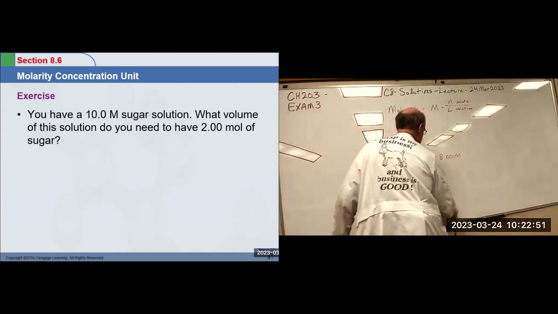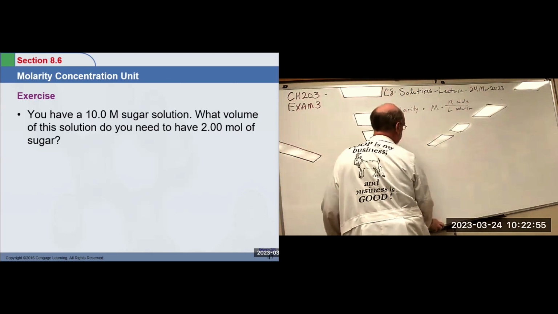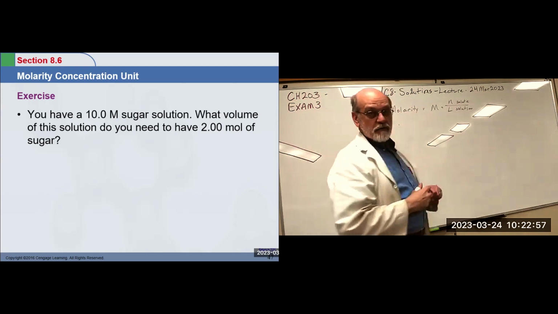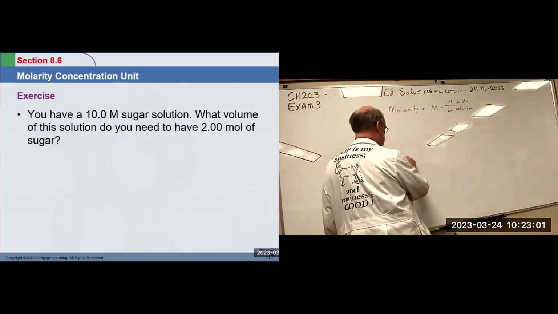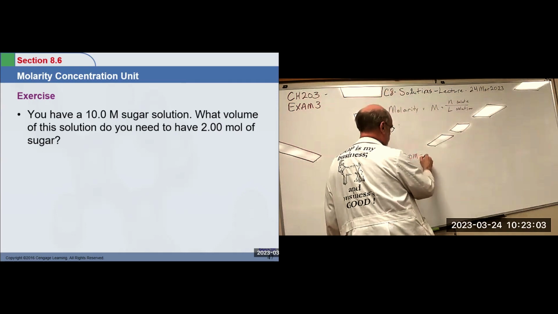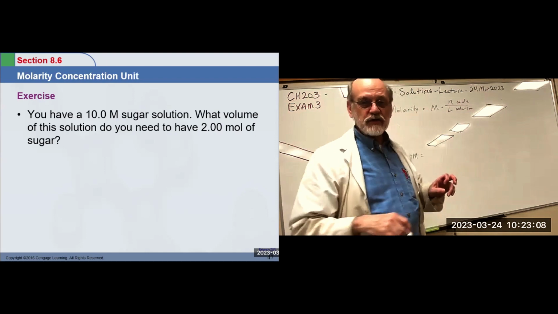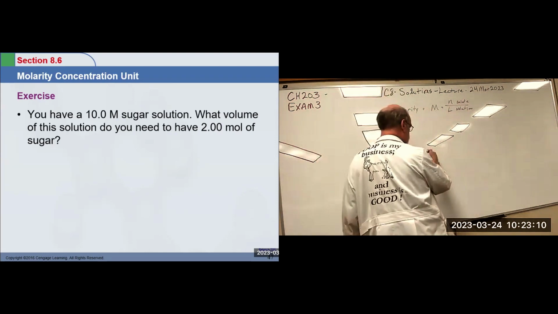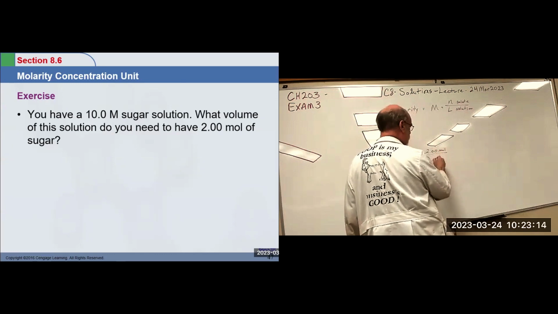Okay, let's work the problem backwards. So if we have a 10 molar sugar solution, what volume of this solution do you need to have 2 moles of sugar? So we got 2 moles up here, the numerator, and then the volume is our unknown.